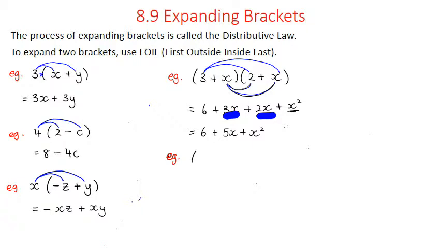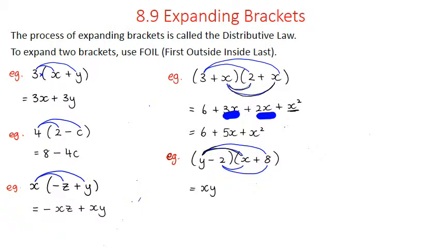Let's try another one. (y minus 2)(x plus 8). Now, remember to FOIL. First, outside, inside, last. So the first, x times y, or y times x, we get xy.